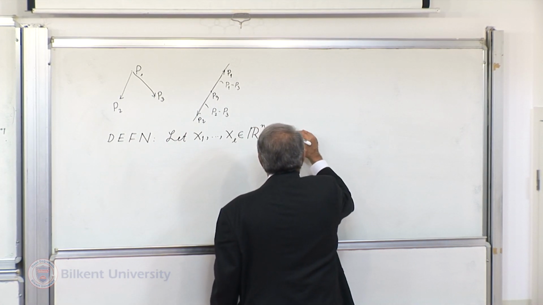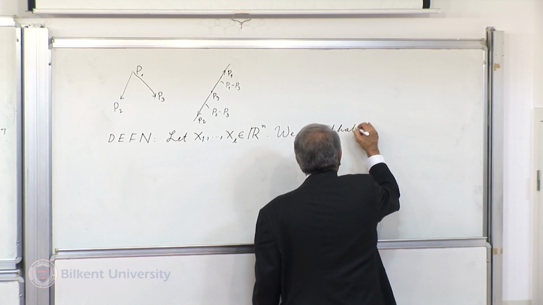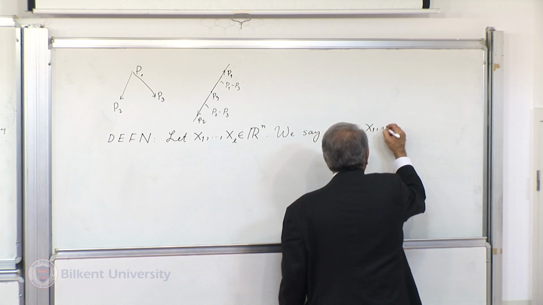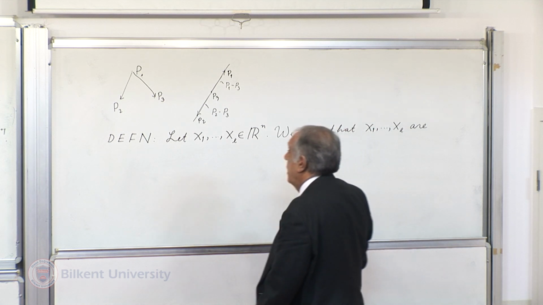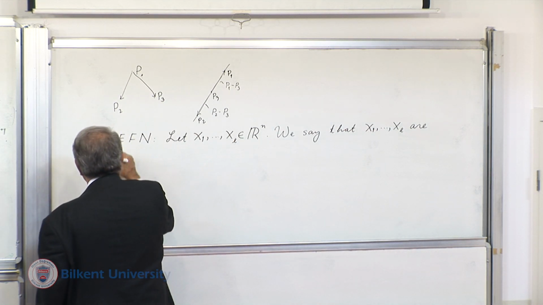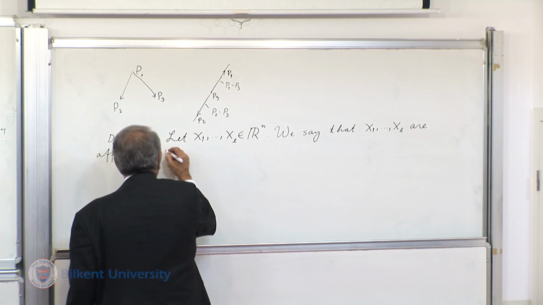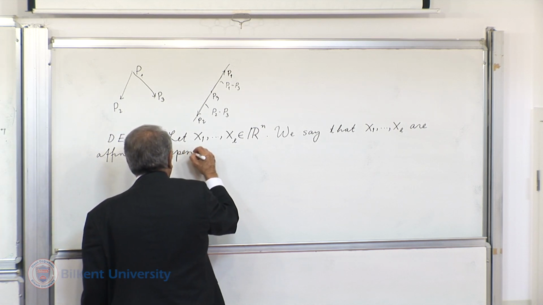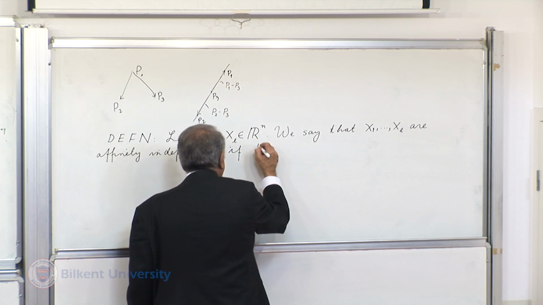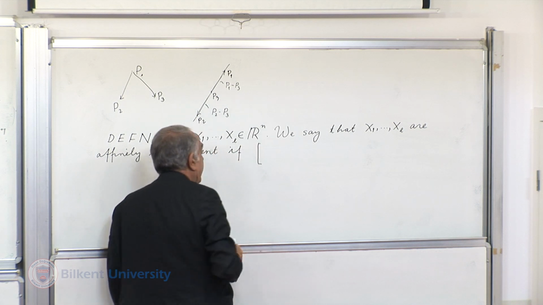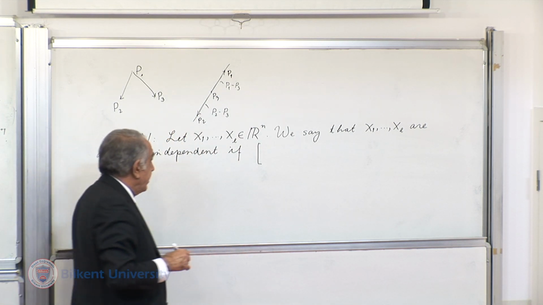We say that x1, up to xl are affinely independent if, now I will write the condition.